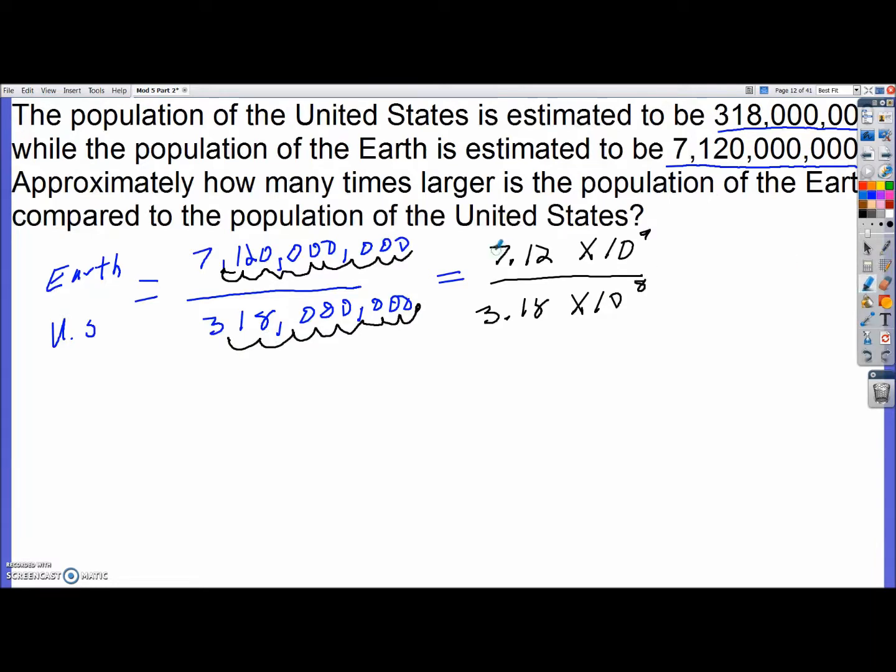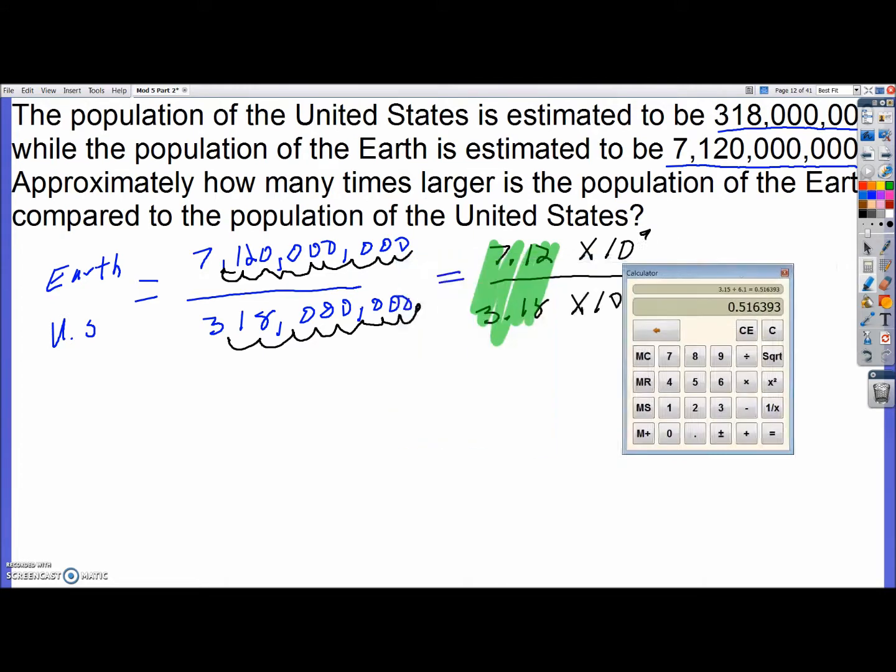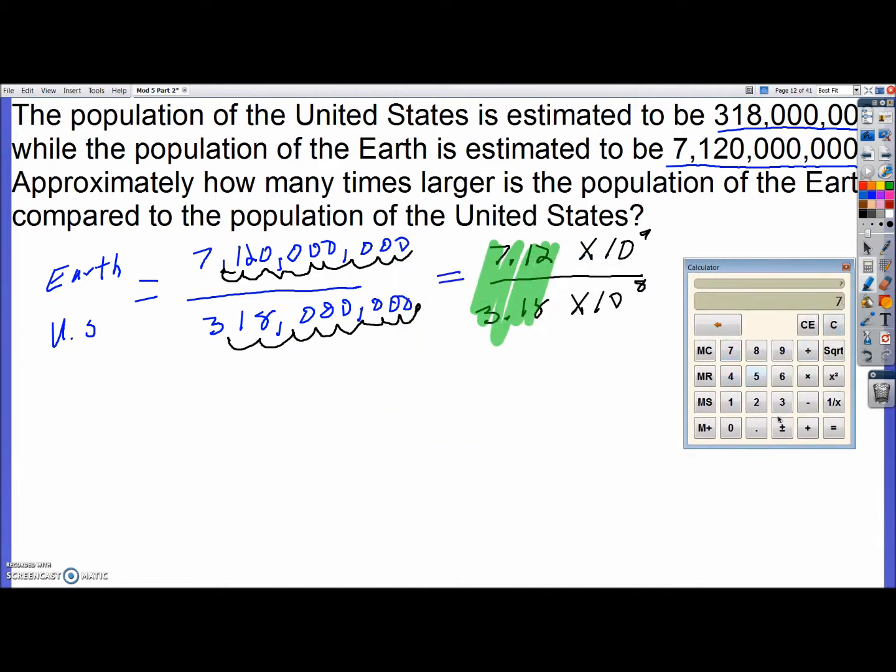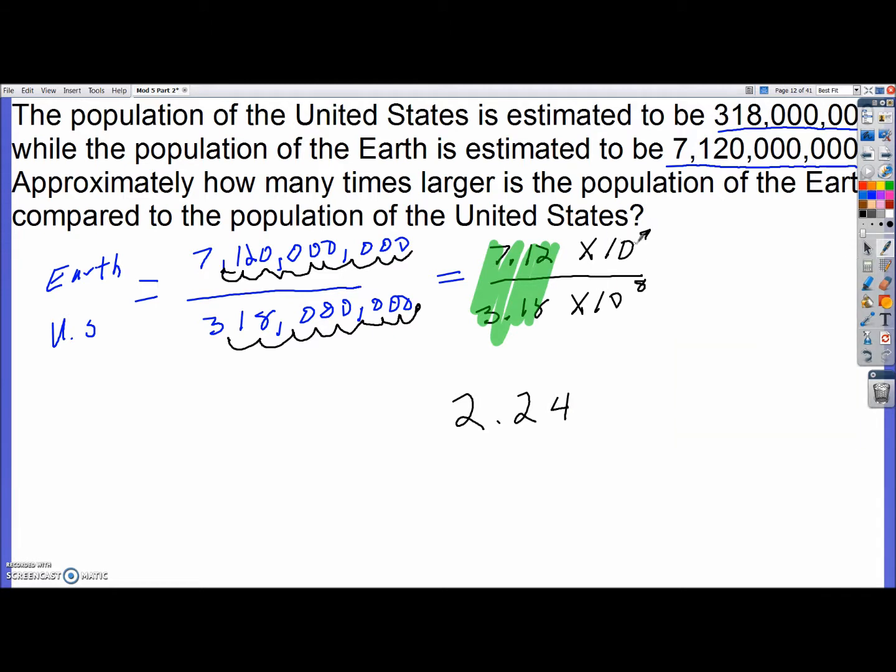So similar to the others, what we're going to do is divide these. So I'm going to bring up my calculator and do 7.12 divided by 3.18. This gives me 2.23. We'll round that 3 to a 4. And then what we're going to do is simplify these.